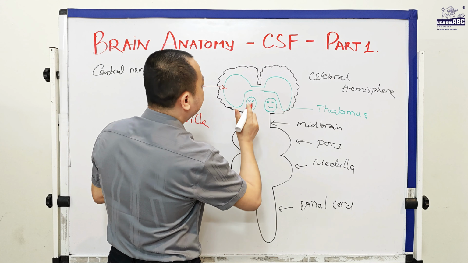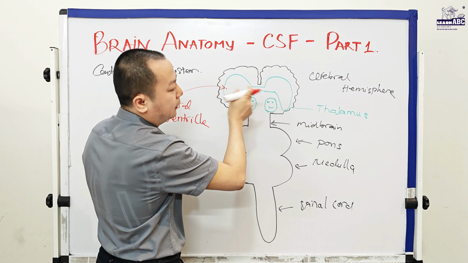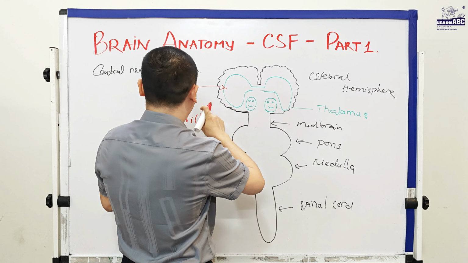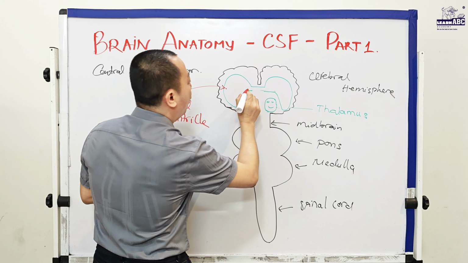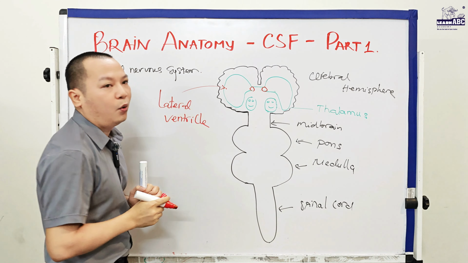Then the left lateral ventricle connects with the right lateral ventricle through a small hole here. What is the name of this hole?